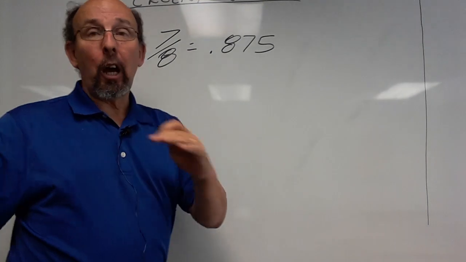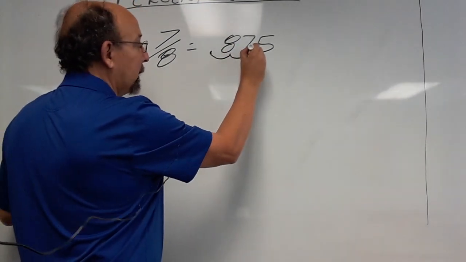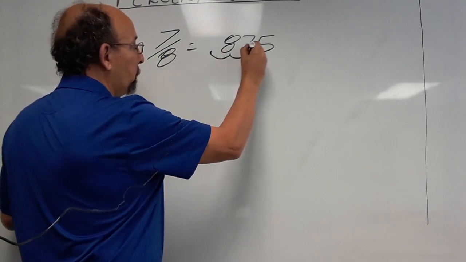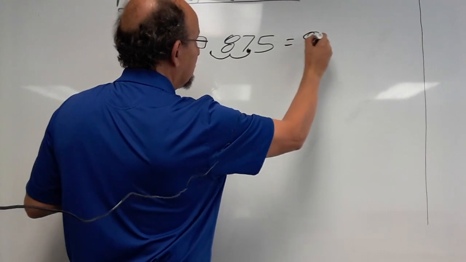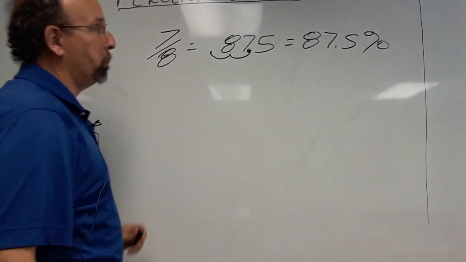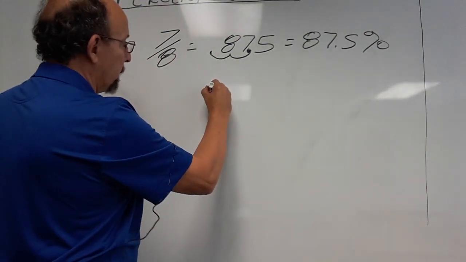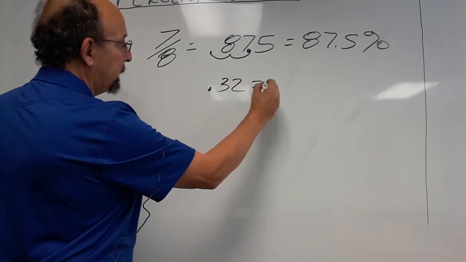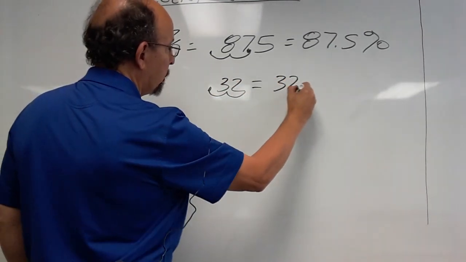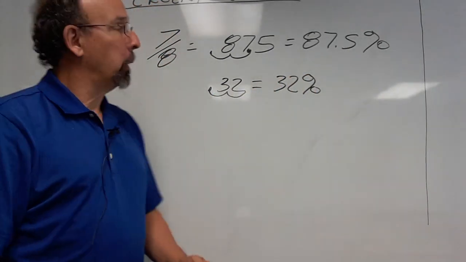That is just the opposite. I'm going to move 2 places to the right, because percent means hundredths. I'm going to move 2 places to the right and put a percent sign. That's 87.5%. If I was just using a decimal like 0.32, that's equal to 1, 2, put your percent sign, 32%, because percent means hundredths.